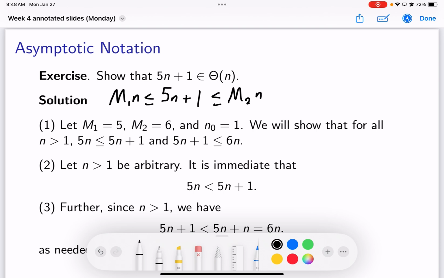In other words, m1 n is less than 5n plus 1, and 5n plus 1 is less than m2 n.